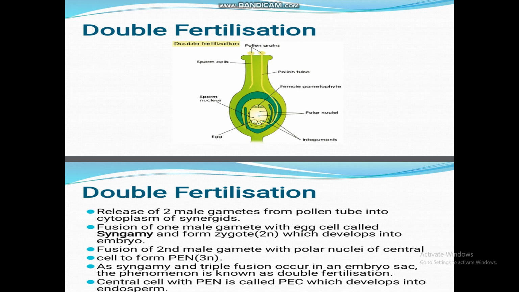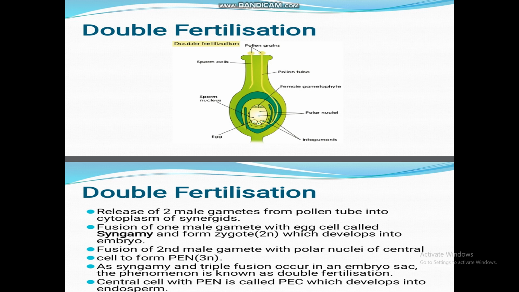Now the very interesting and important topic is called double fertilization. What is double fertilization, or why is it called double fertilization? Because fertilization takes place two times within the ovary. That's why it is considered double fertilization, and this is the characteristic feature of angiosperms.